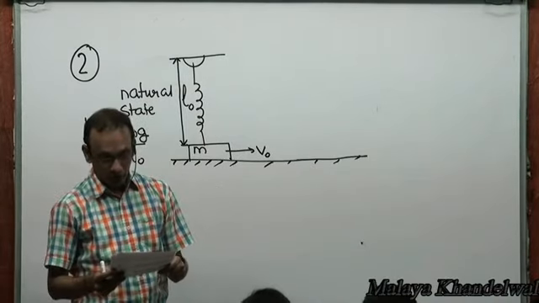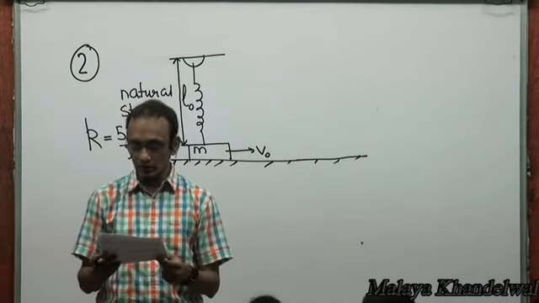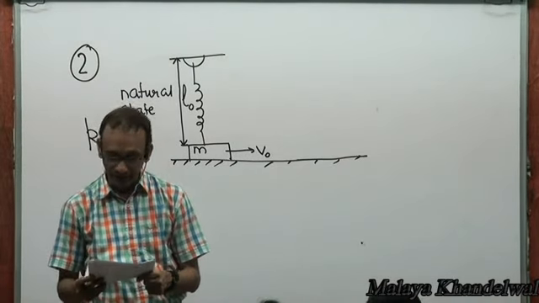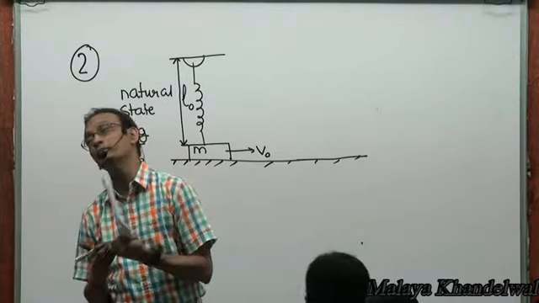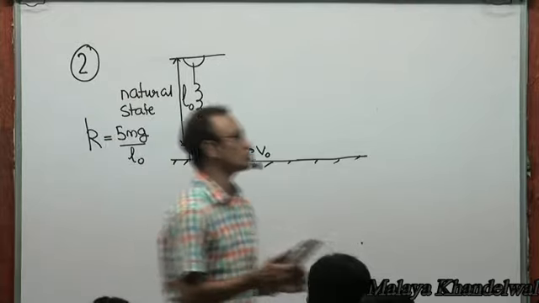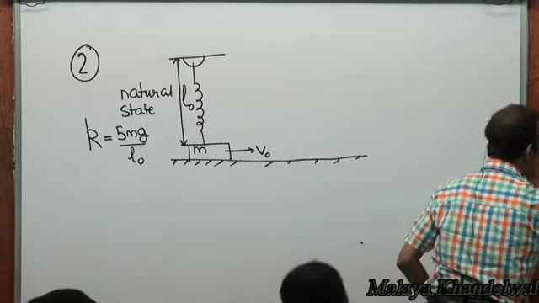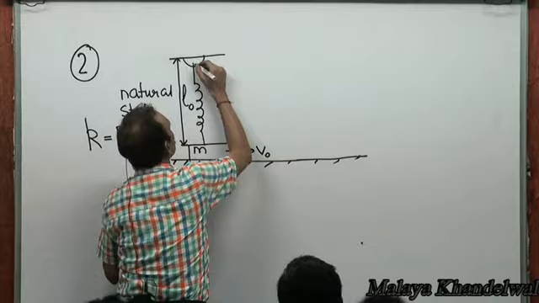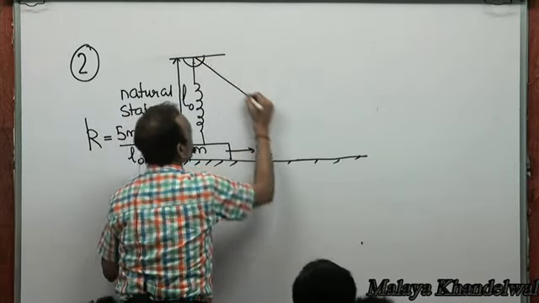Now, we want to find the position where the particle breaks off the ground. That's the first thing, and then the speed of the particle at the time it breaks off the ground. These are the two things that we need to take care of. Pretty simple. The spring after a while will assume this state.